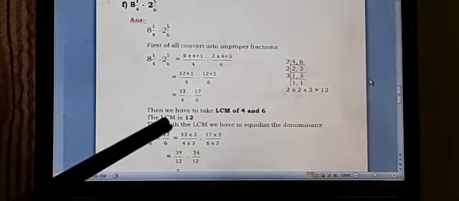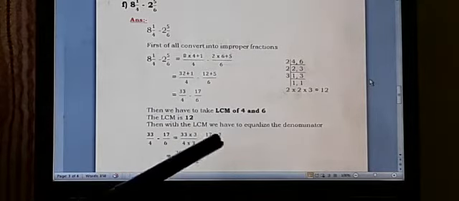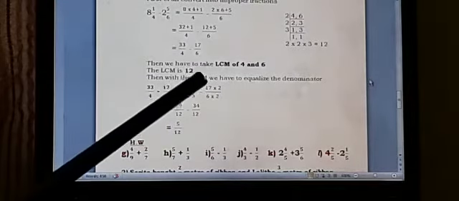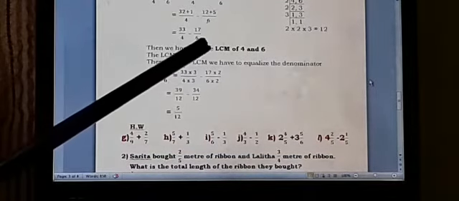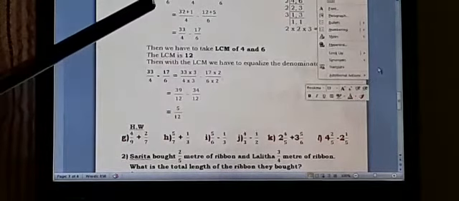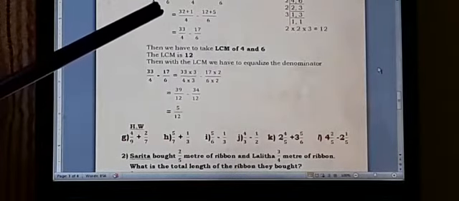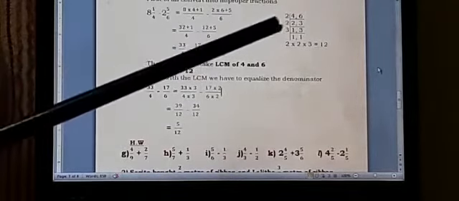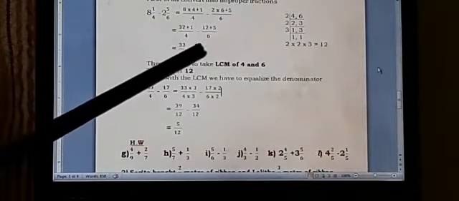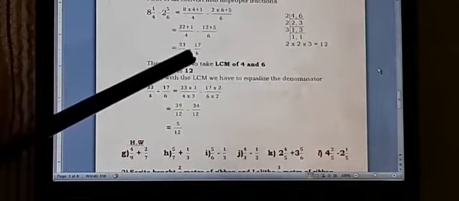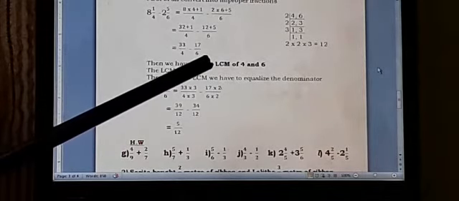Then we have to take the LCM, then equalize the denominator, then we can subtract and we will get the answer. To convert into an improper fraction, we have to multiply the whole number and denominator, and add the numerator. Like that we have to do the conversion. We will get the improper fractions 33 by 4 minus 17 by 6.